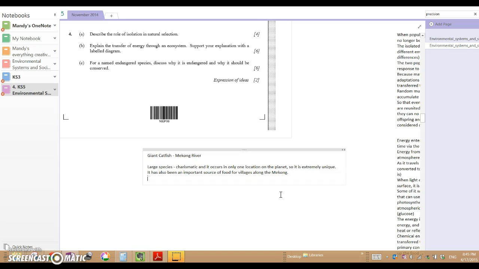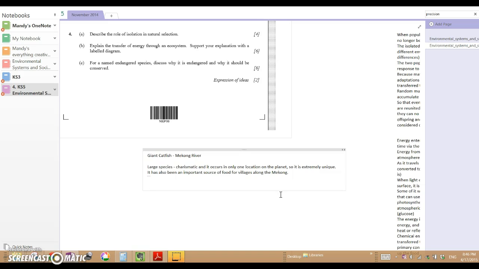I'll come back to these values in a minute. We value it for its uniqueness, we value it because it's charismatic, it's really cool to see this big catfish, and it's also valued as an actual resource, as a food type, and it's part of the ecosystem. So we can discuss those values towards the end.